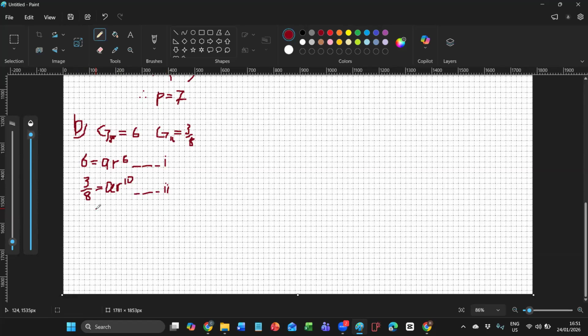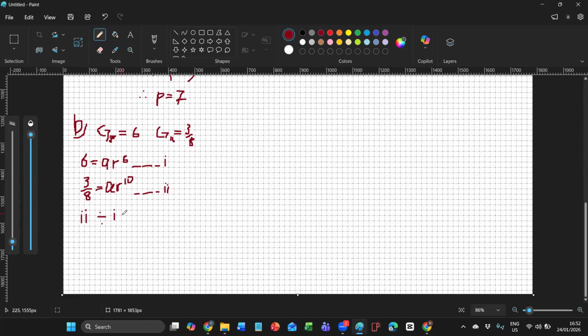But when you have geometric sequences, the elimination method is by division. So we're going to take out A by saying either equation 2 divided by equation 1, or equation 1 divided by equation 2. Any one would work. Let's do equation 2 divided by equation 1.